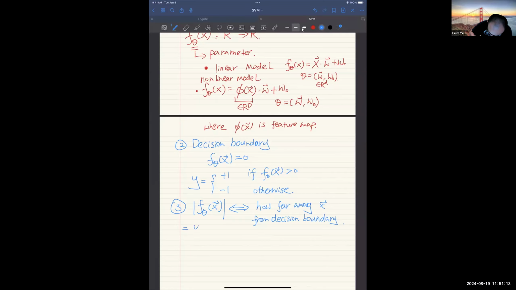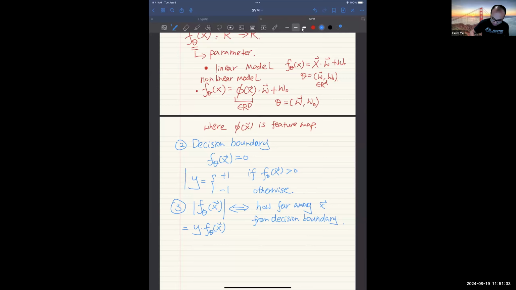This is also equal to y times f theta of x. This is basically what we already have, and it tells you how far away x is from my decision boundary.